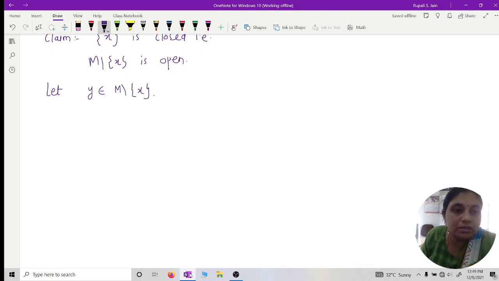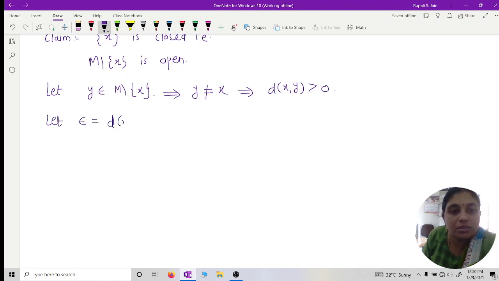Now since x is in M and y belongs to M minus {x}, this implies y must not be equal to x. So what is the distance between x and y? This implies the distance between x and y must be strictly greater than 0. So let epsilon be equal to this distance d(x, y). Then x does not belong to B epsilon of y, as epsilon is nothing but d(x, y), which cannot be less than epsilon.